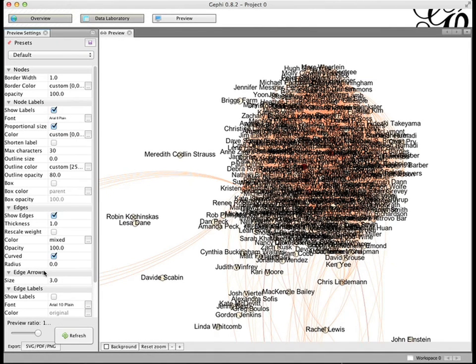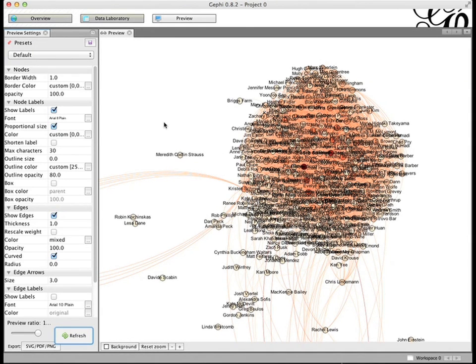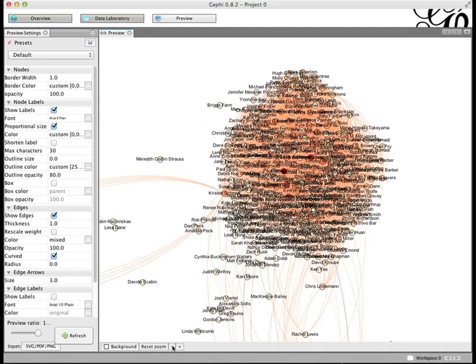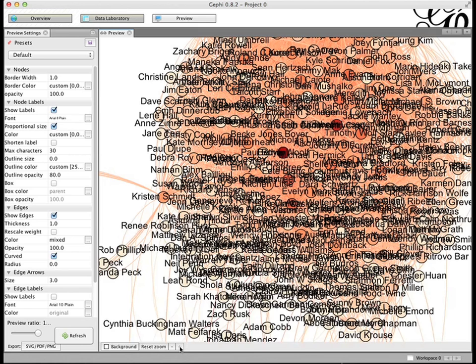So let's see how it does when we refresh the view here. All right, and now people are not overlapping nearly as much. And what we should be able to see when we zoom in. I apologize for the lag. It's taking a little bit longer to do this than I would like.